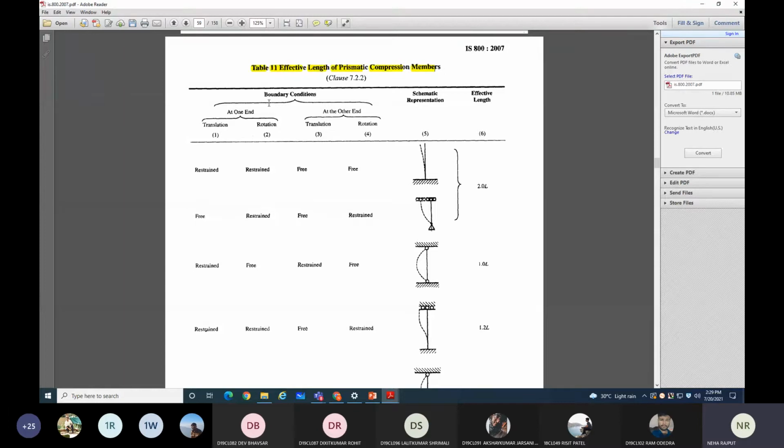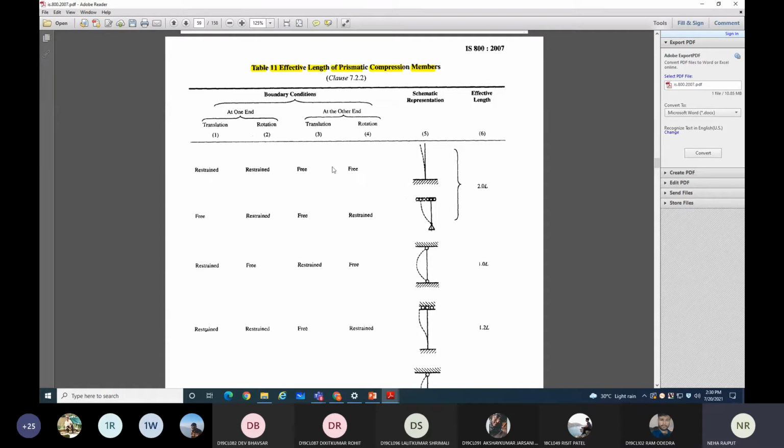So if you are designing any column, then you first need to see which support conditions are given at the two ends, and depending on that only you can consider the length of the column, right? So the different boundary conditions at one end and at the other end are given. You can see over here translation restraint, and here translation free.